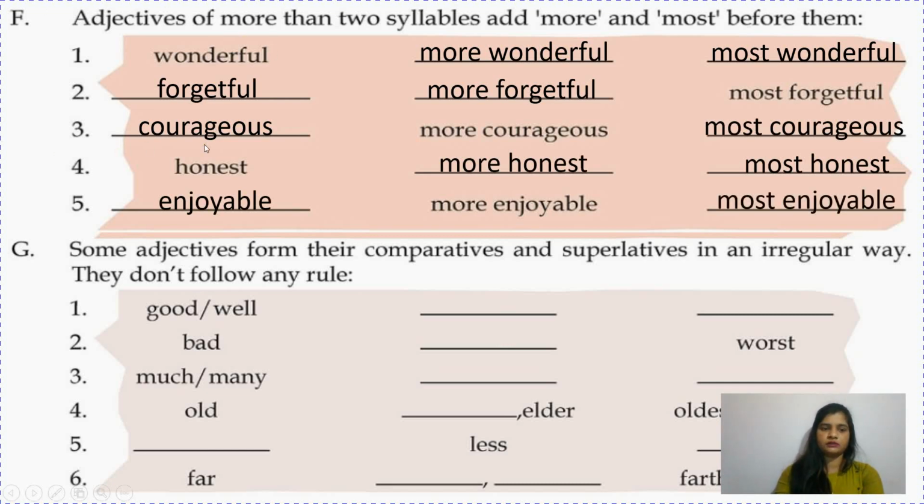Now, G number. Some adjectives form their comparatives and superlatives in an irregular way. Means they are not regular. We don't have to add only ER or EST there. We have to change the word. Let's see how. They don't follow any rule, children, like good or well. We write better, best.